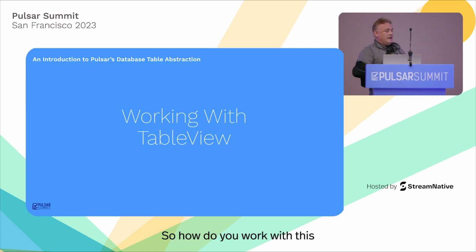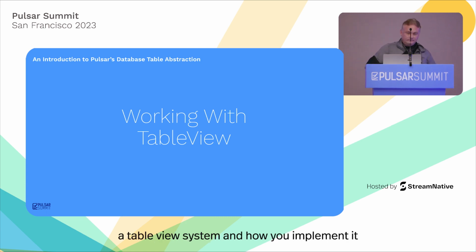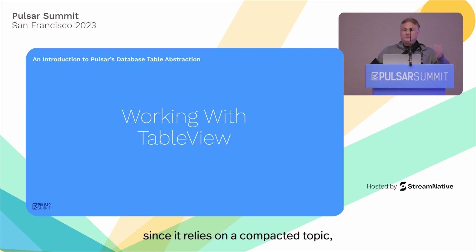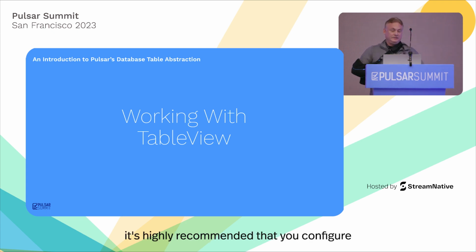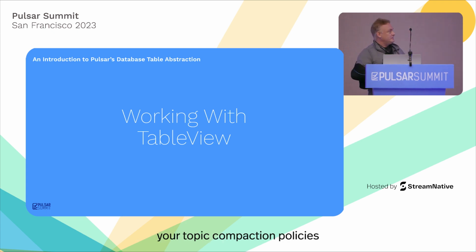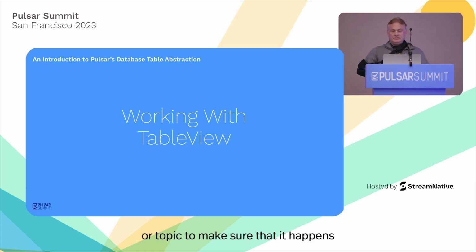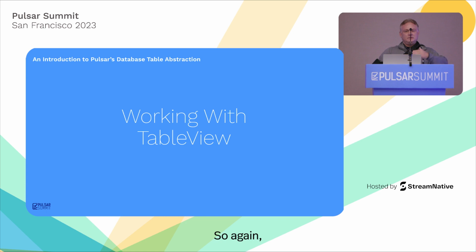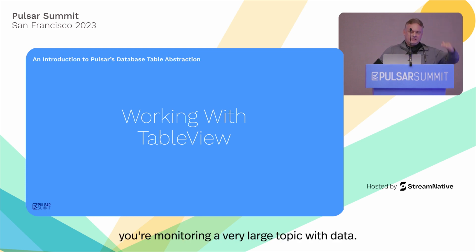So how do you work with a TableView system and how do you implement it in the application as well? Just want to point out that, since it relies on a compacted topic, it's highly recommended that you configure your topic compaction policies on the namespace or topic to make sure that it happens as frequently as you want. It's triggered over time. So again, you're monitoring a very large topic with data.